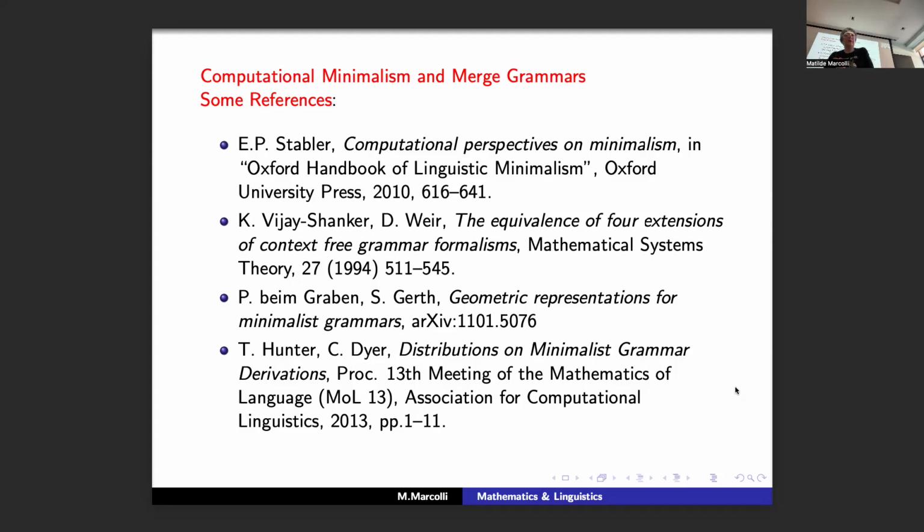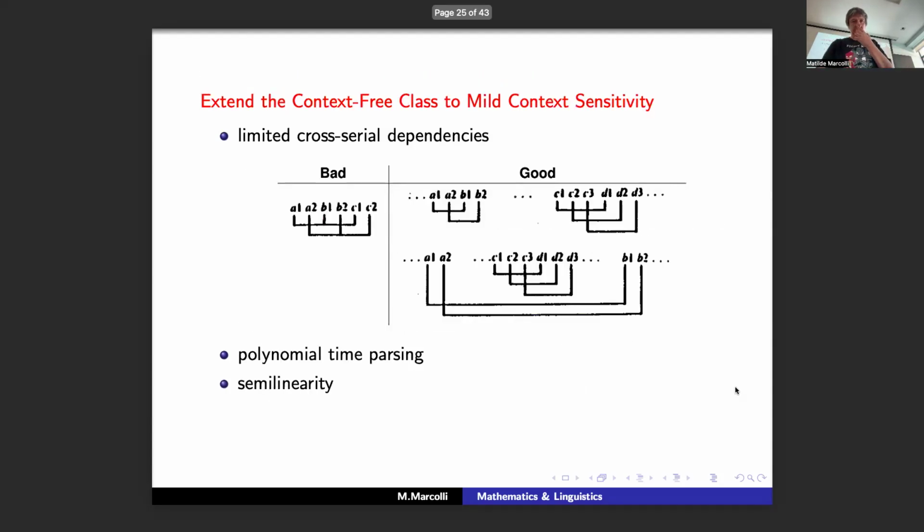One thing I want to mention is that before minimalism was further developed in these last 10 years, there was a good amount of work trying to make the rules of minimalism computationally implementable. I'm going to describe briefly how that was done, because at some point I'll come back to comparing that to the more recent version.